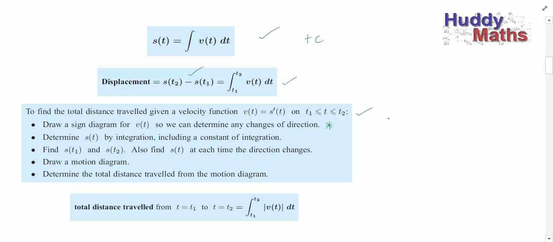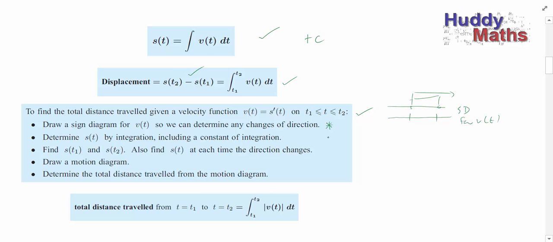Draw a sign diagram. Remember we did this before: a sign diagram for velocity. It might stop at a couple of points. It might be going along, stop, change direction, go along here, stop, change direction, and go on. Remember the sign diagram from the differential calculus section.